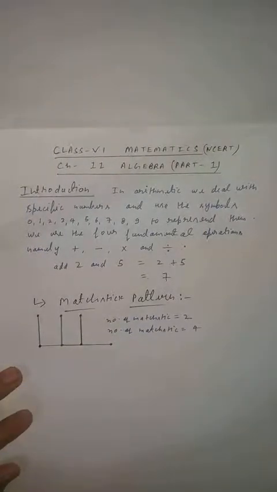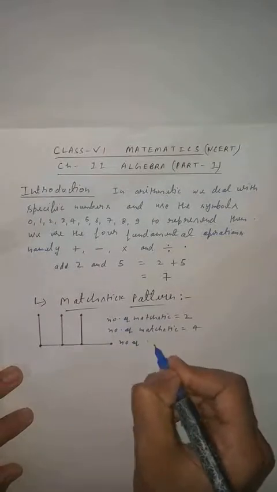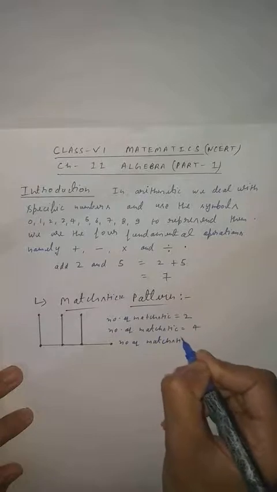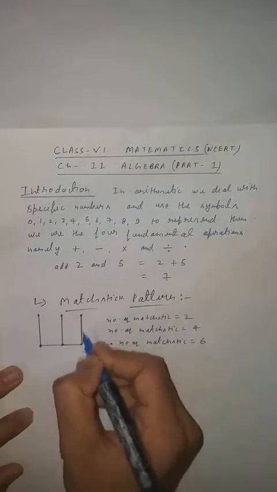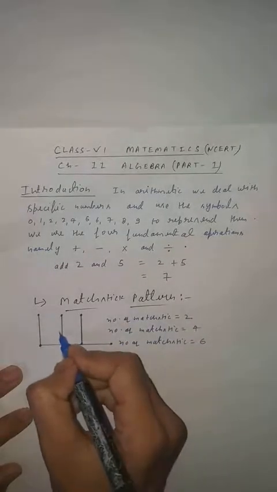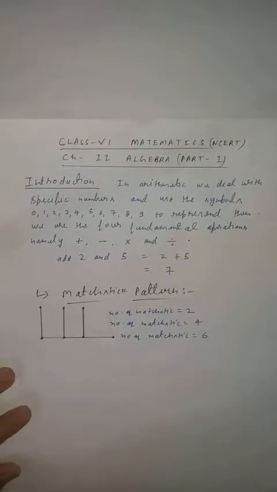Now how many matchsticks are required in total for 3L? So the number of matchsticks is equal to 6. You can count 1, 2, 3, 4, 5, 6. So here we observe a pattern.